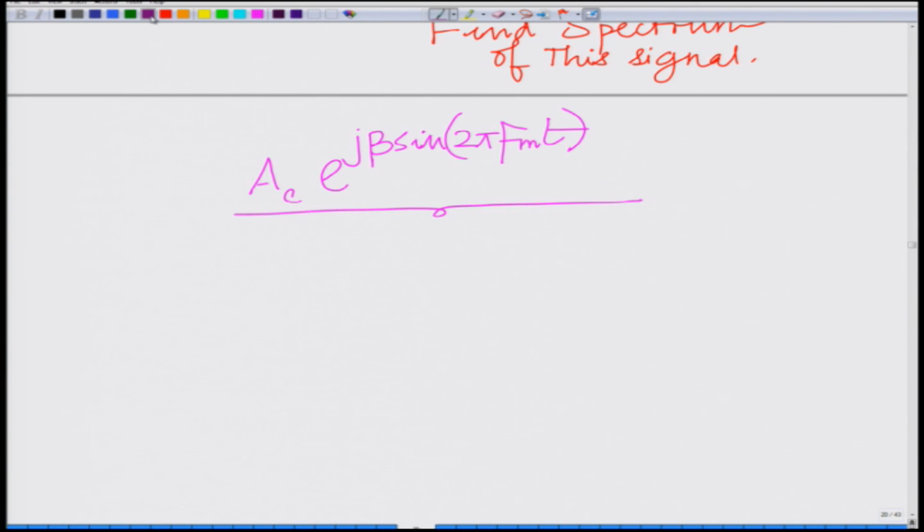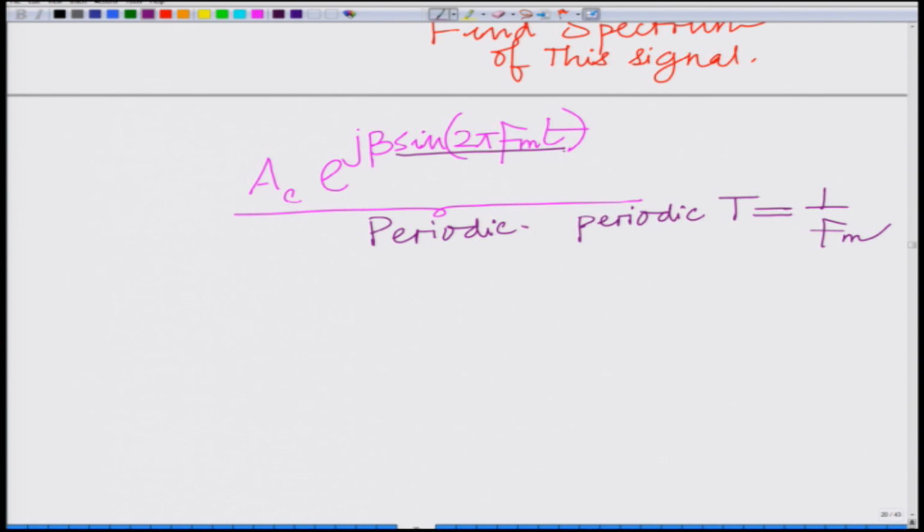Now realize that this signal is periodic. Sine 2 pi fm t is periodic with period T equals 1 over fm. So, e to the power of j beta sine 2 pi fm t is also a periodic signal, with the same period T equal to 1 over fm.